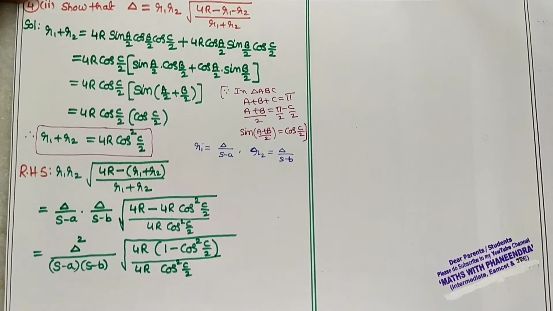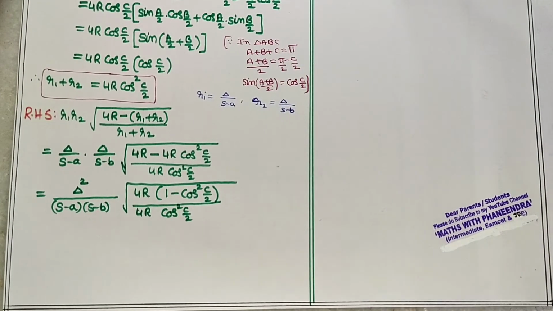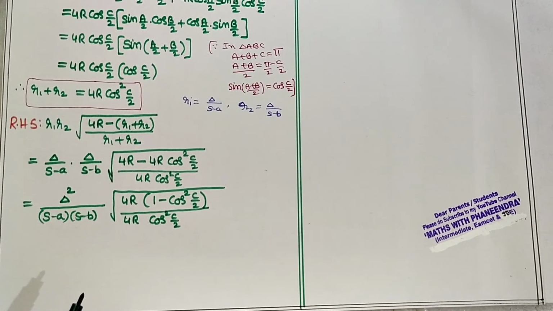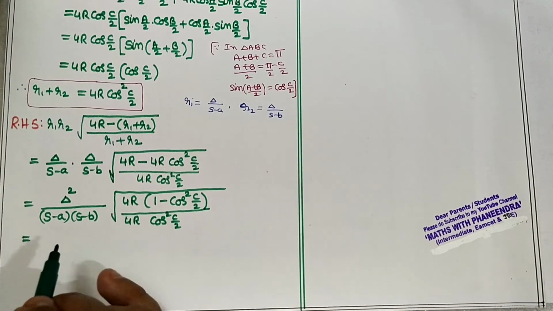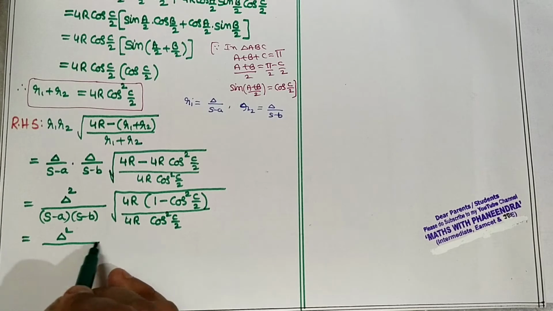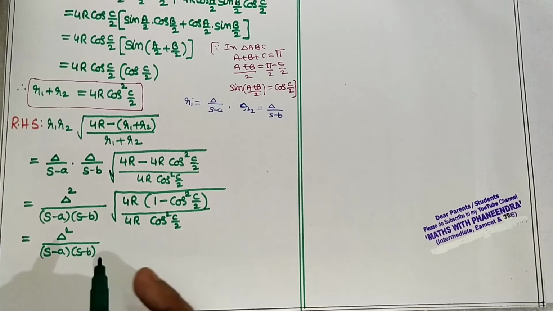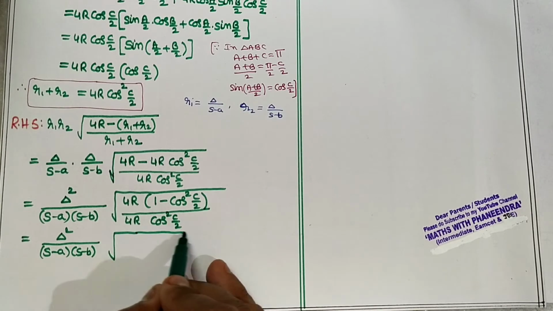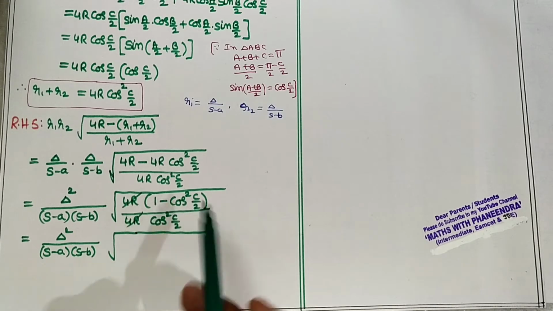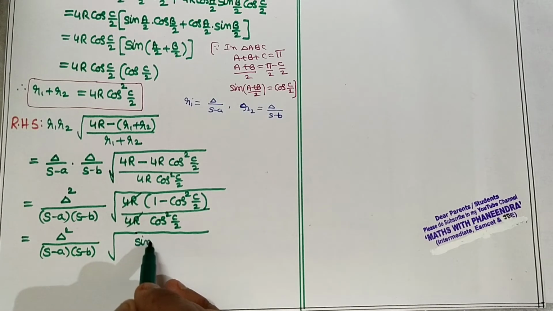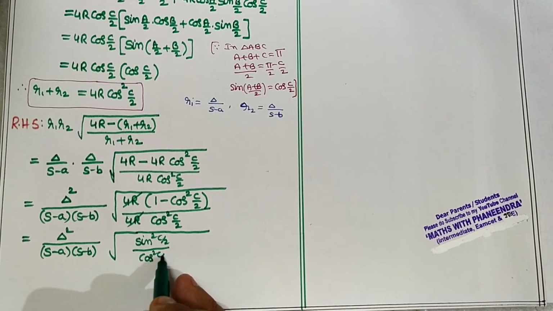In the next step, delta square, s minus a into s minus b, square root of, here 4r get cancelled. 1 minus cos square c by 2 is sin square c by 2 divided by cos square c by 2.